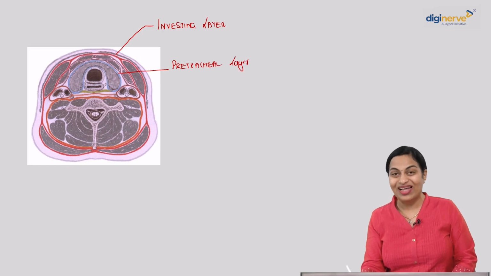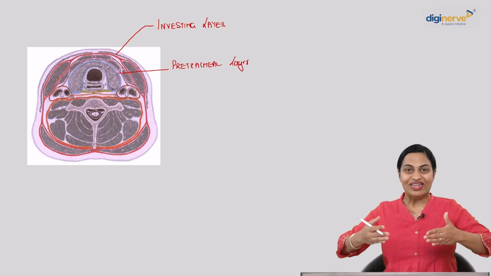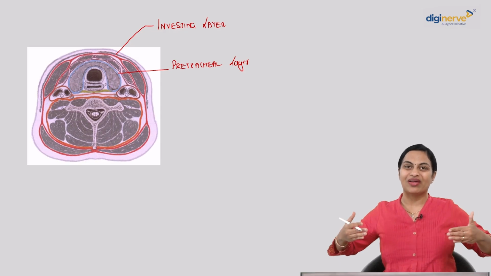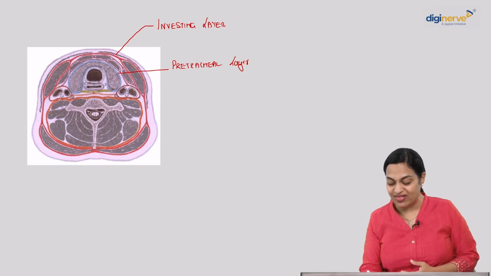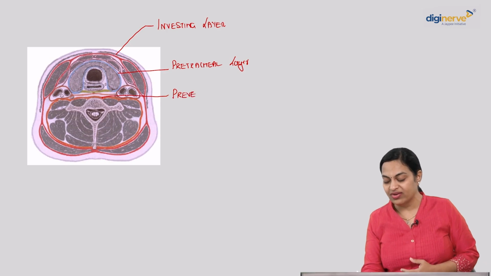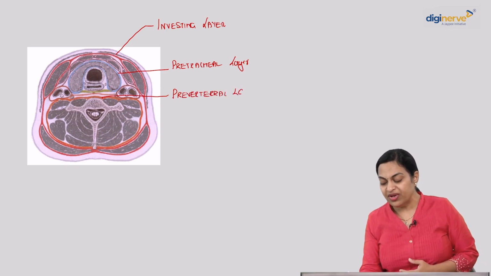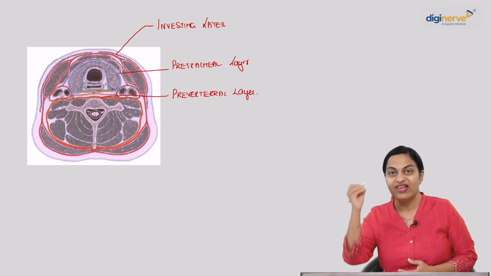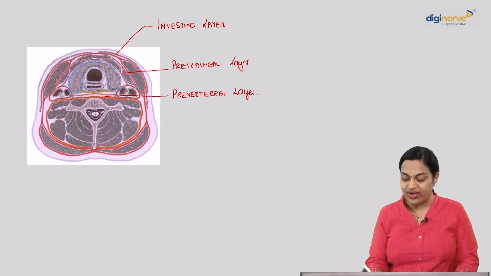Okay. And covering the anterior surface of the cervical vertebra, the pre and the paravertebral muscles, this is going to be the prevertebral layer of the deep cervical fascia. This prevertebral layer is going to divide into 2 layers.